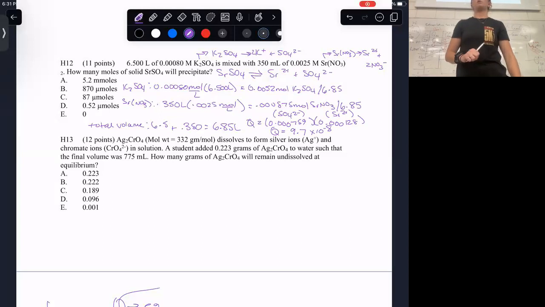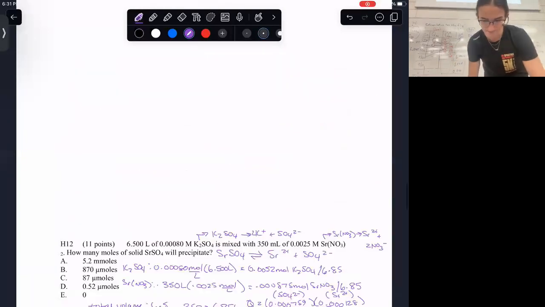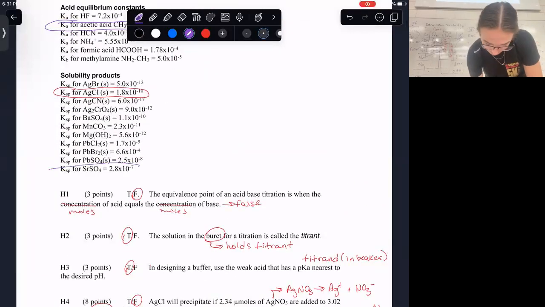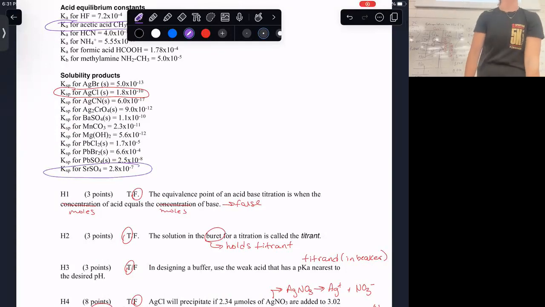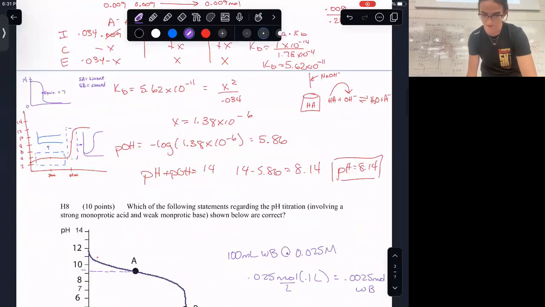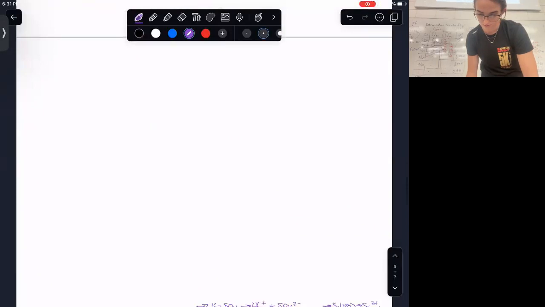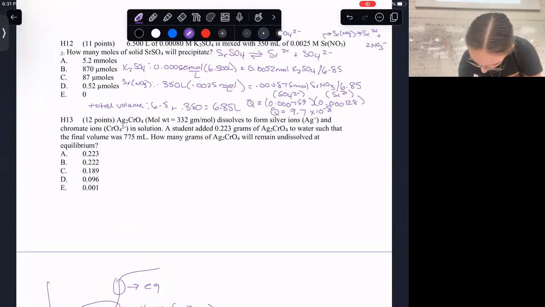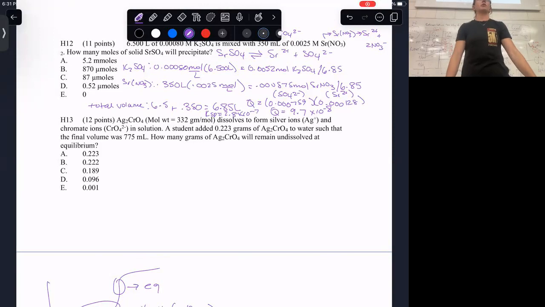Where do we find KSP for strontium sulfate? At the top. Strontium sulfate is here, and it's 2.8 times 10 to the -7. So is Q less than K or greater than K?